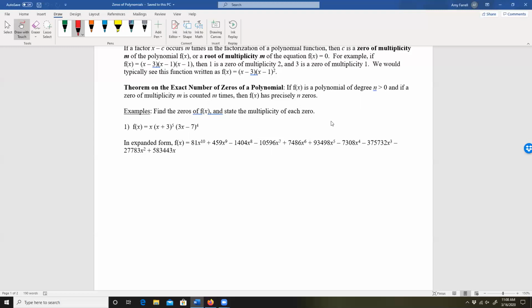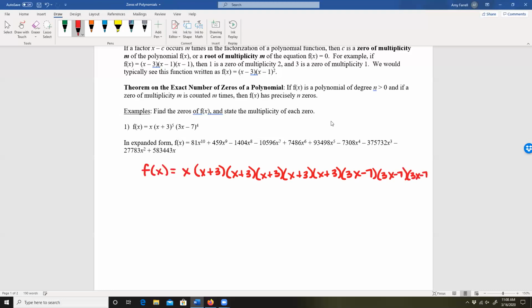So if you were to multiply x times the quantity x plus 3, but I've got that 5 times, so 2, 3, 4, 5 times, and then multiply by 3x minus 7 4 times, since we have that exponent of 4. I'm running out of room here, but you get the idea.